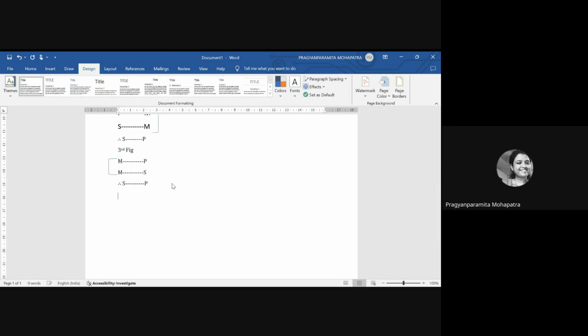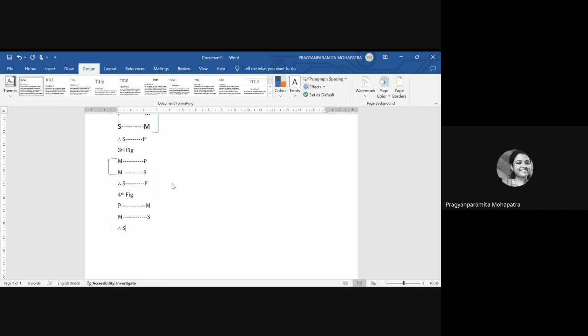Then we have the fourth figure, where we are having the middle term as the predicate place in the major premise and subject place in the minor premise.